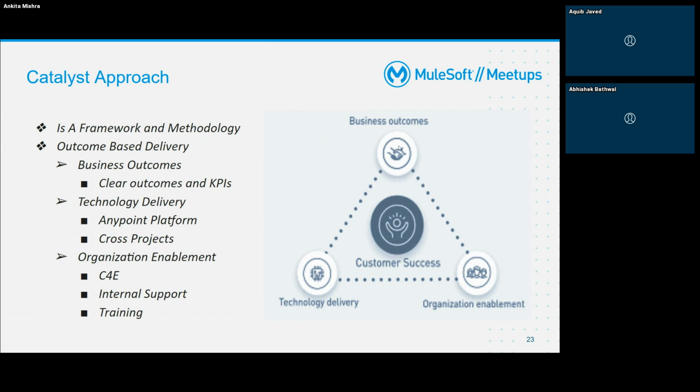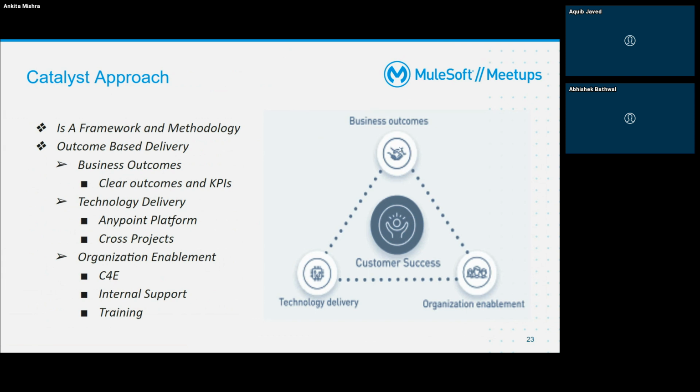The first pillar is business outcome. What does business outcome represent? It represents that whenever you are working to achieve a business goal, to work on a project, you make sure that you understand the clear outcomes and the KPIs. Unless you know the business requirements and understand your customers' requirements, you will not be able to contribute to it.